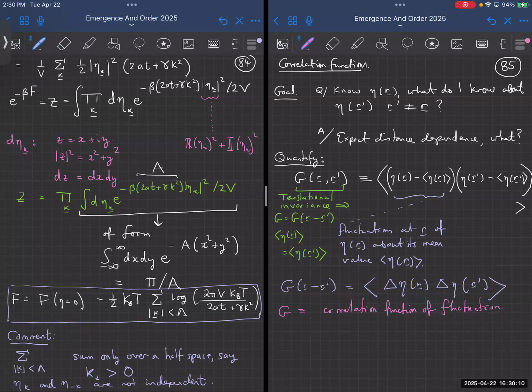So let's ask then what we expect G of r to look like. What we're going to do is average over the system, and look at the fluctuation over here and the fluctuation over here.